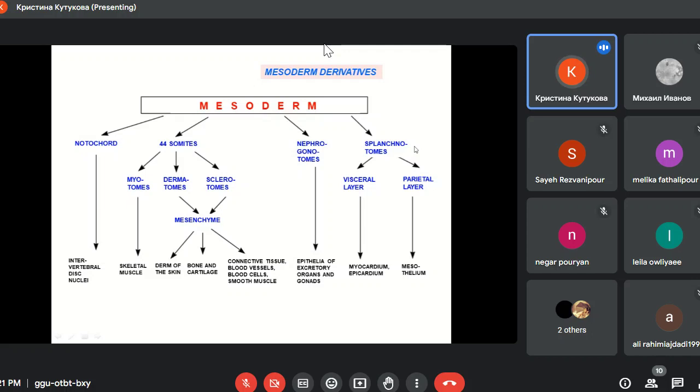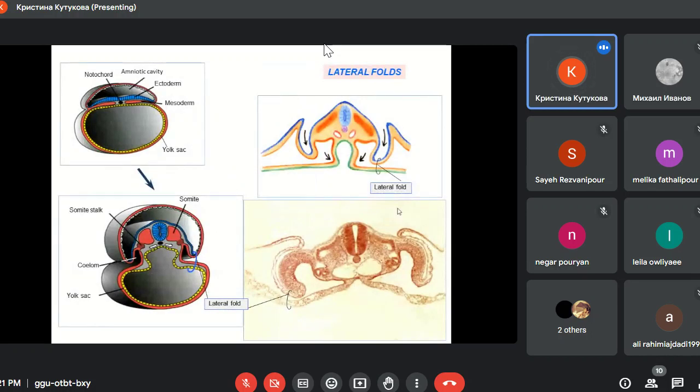Splanchnotomes, or lateral plate mesoderm, consisting of two layers, visceral and parietal, will give rise to mesothelium, and visceral layer will give rise also to myocardium and epicardium layers of the heart. Lateral folds shown here change the shape of the embryo.